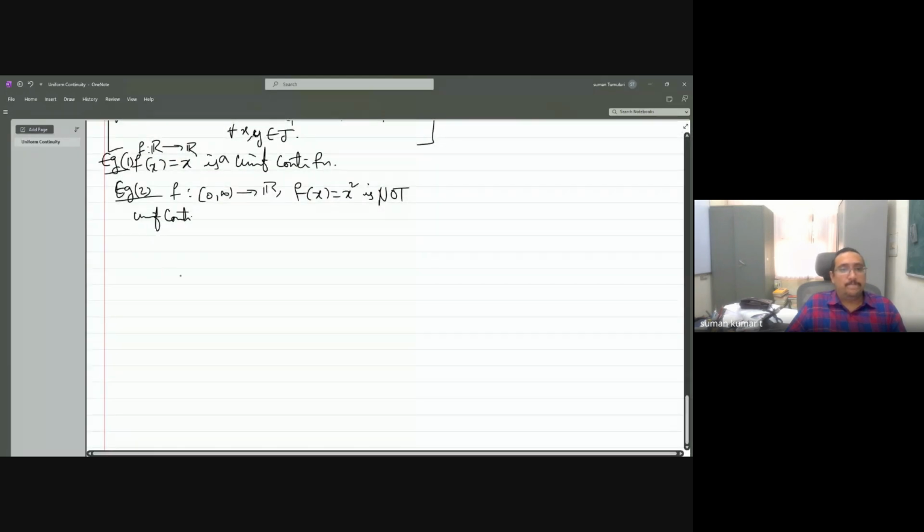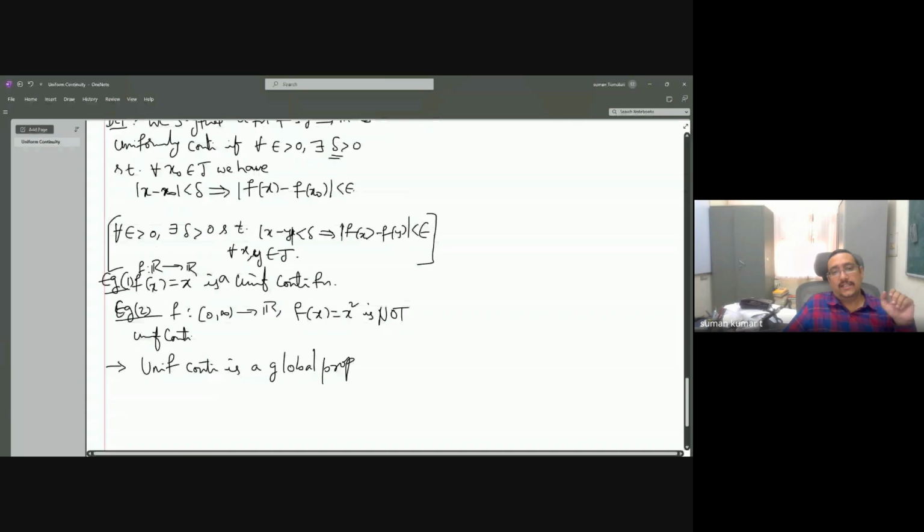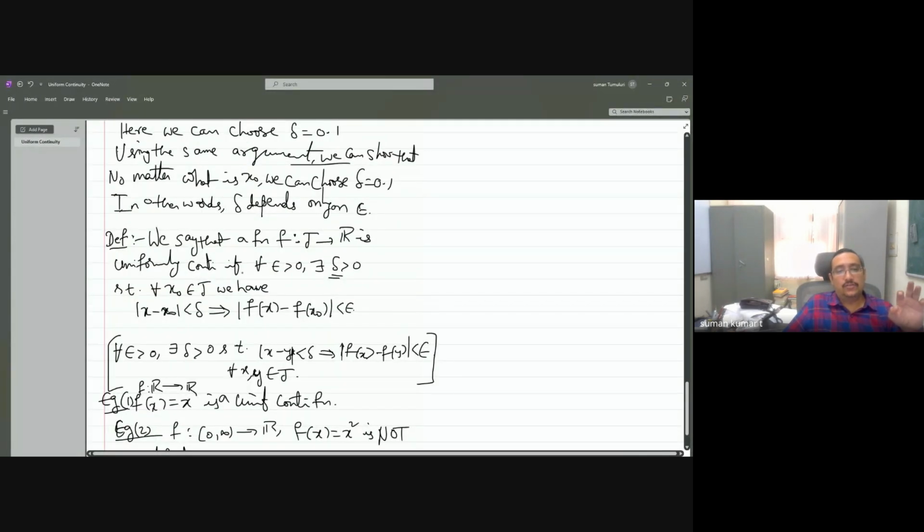Now there are some obvious remarks from the definition. Uniform continuity is a global property. That means you should say uniformly continuous over an interval. Whereas continuity, you talk at a point. From the very definition of uniform continuity, this delta should not depend on the location of x naught.